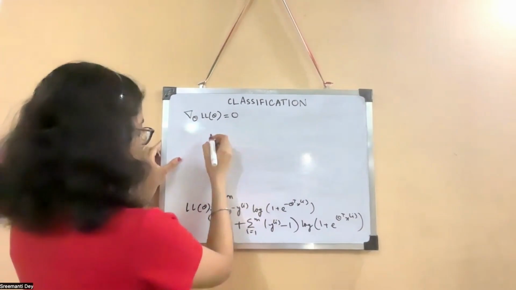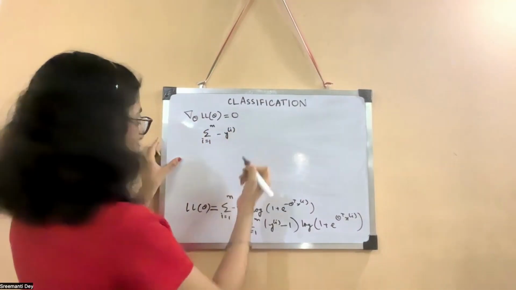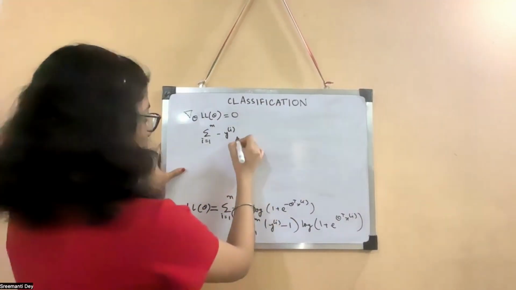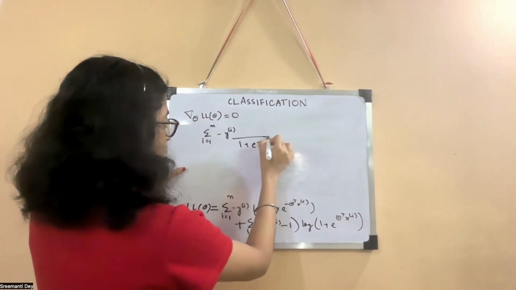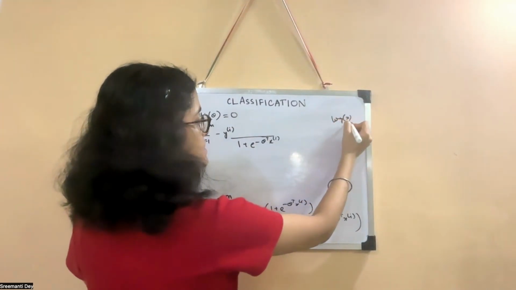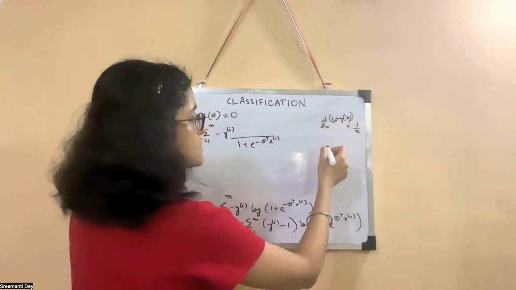So let's do that. Summation i equal 1 to m, minus yi. We're differentiating with respect to theta. So this would get differentiated. As we know, differentiation of log x, what is it? It's 1 upon x, right? So d/dx of log x is 1 by x.